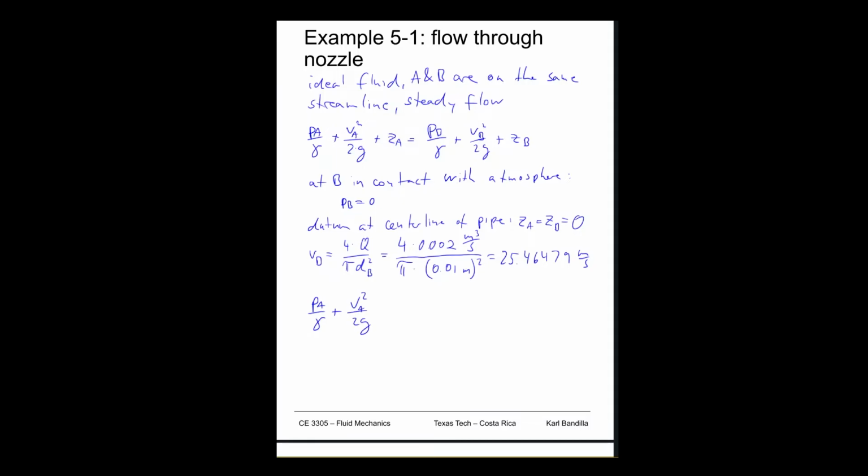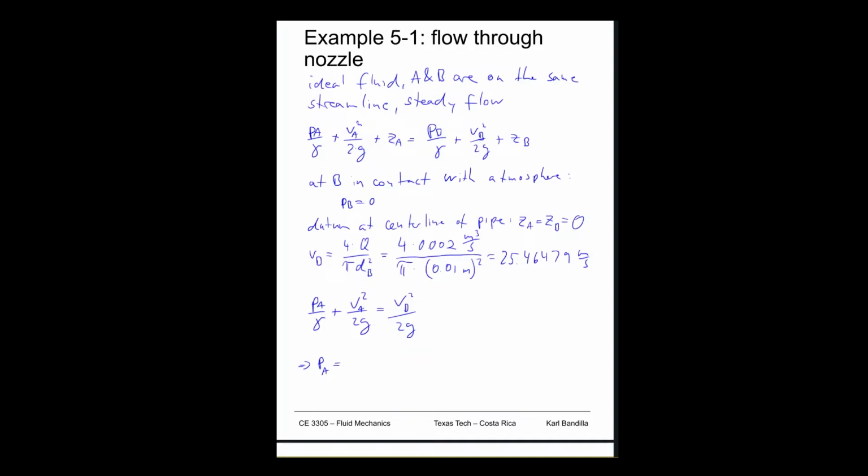The ZA was 0. The PB was 0. We know what VB is. And ZB was 0 as well. All right, so we can now go ahead and solve this for PA. PA is going to be, well, we have to subtract this and then divide by gamma.